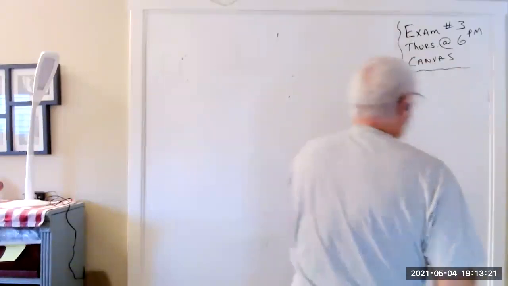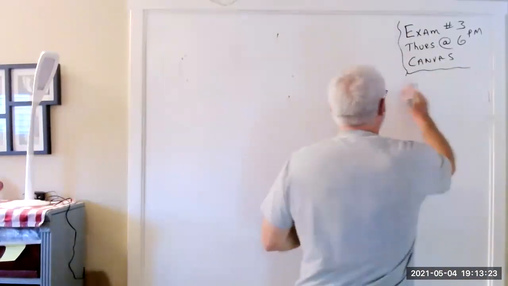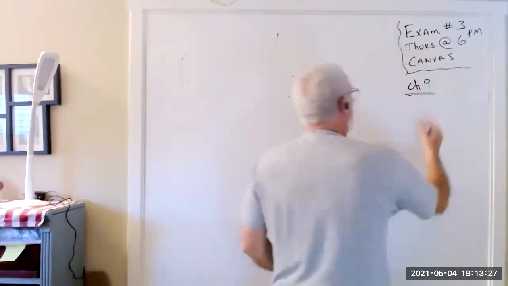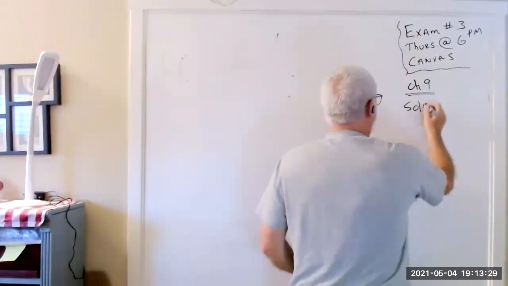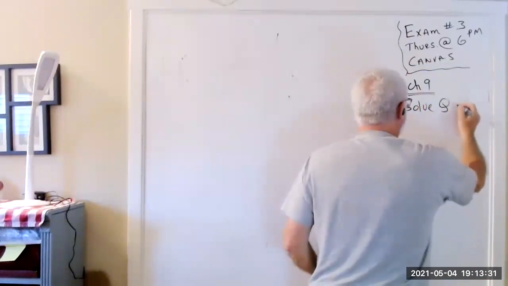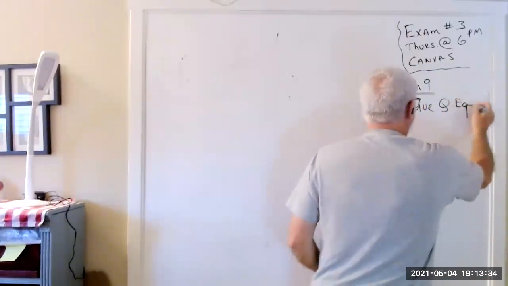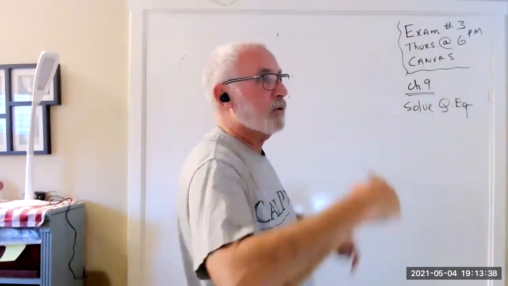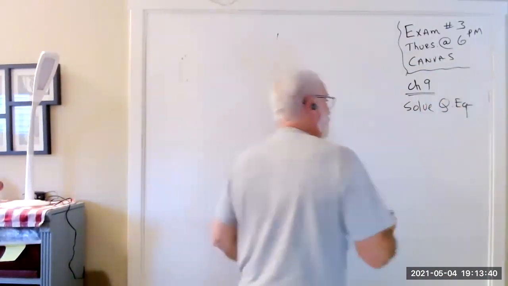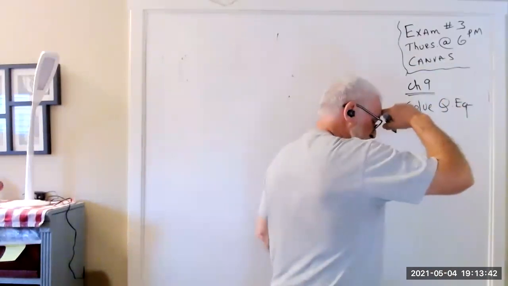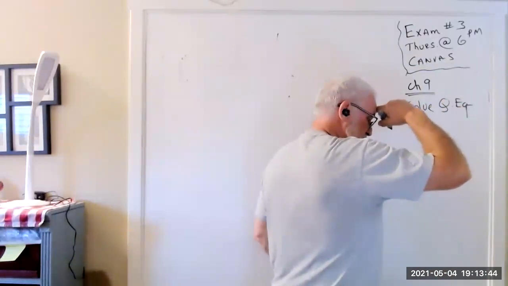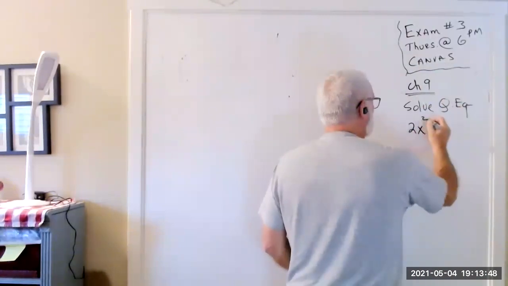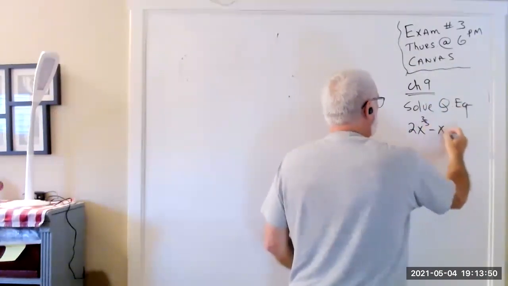Okay, we're so wrapped up in chapter 10, I don't want you guys to forget chapter 9. In chapter 9, we had to solve all kinds of quadratic equations. Don't forget that. There's the quadratic formula, there was factoring, there was the square root property, and there were these kinds of things, 2x to the 2/3 minus x to the 1/3 minus 7 equals 0.